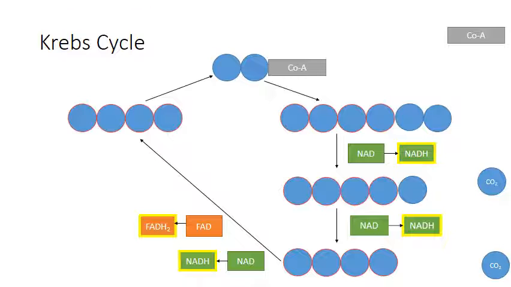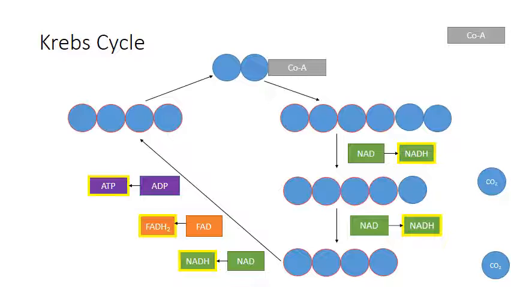I'm also going to be able to reduce another electron carrier called FAD to FADH2. So again, oxidizing this one, reducing this one. And the last thing I'm going to be able to make here is some ATP, okay? So again, this must have held quite a bit of energy in it, because even without pulling off another carbon, I was able to make all of these compounds.